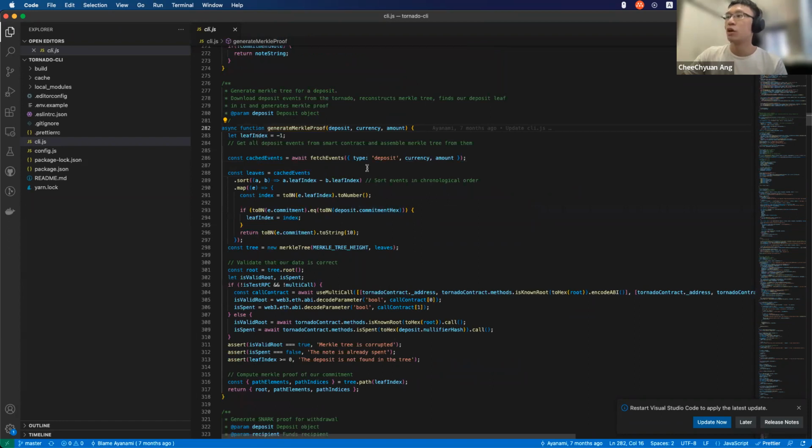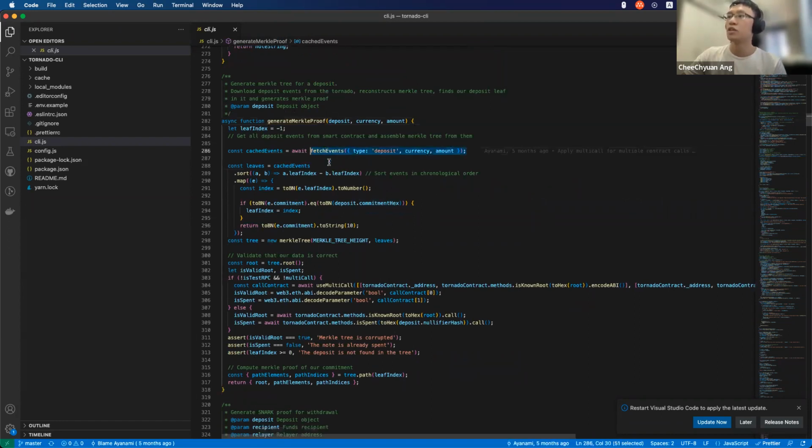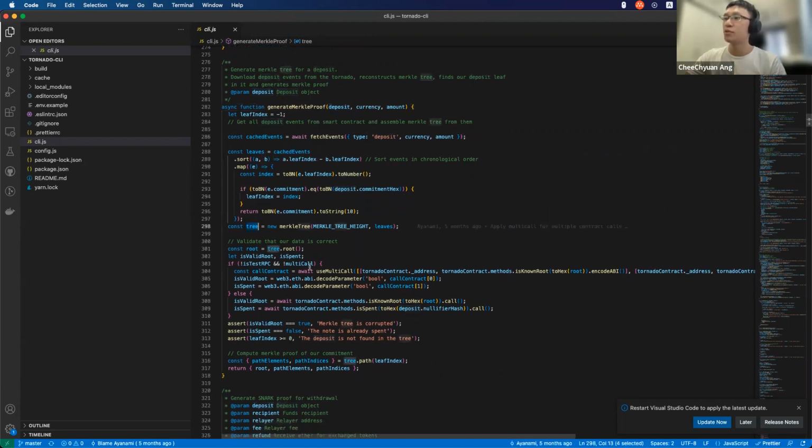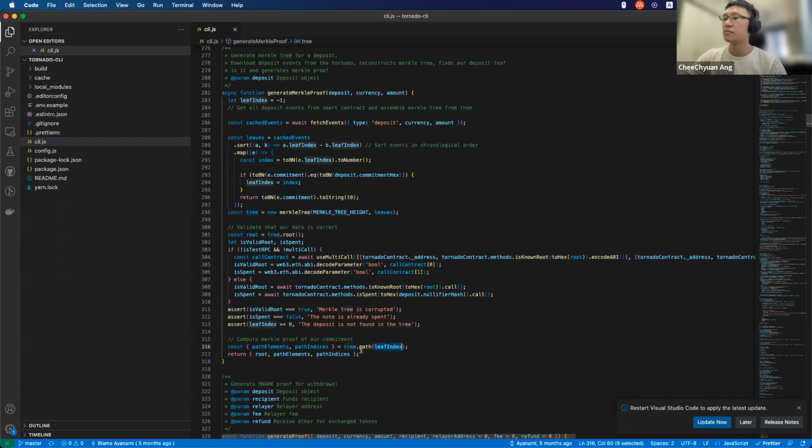So what essentially is going on is that it's calling the blockchain to fetch the deposit event. It will try to get all the events that were deposited into the pool, and then it will reconstruct the tree locally. From the tree, we are able to get our path according to our leaf index. Just to validate, what's going on is that we are actually reconstructing the Merkle tree locally by reading from the event logs.